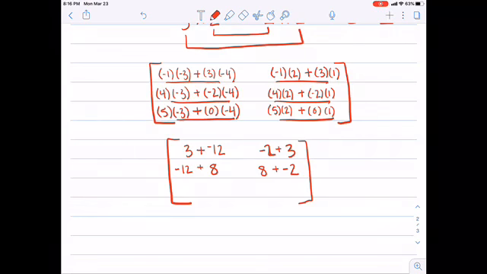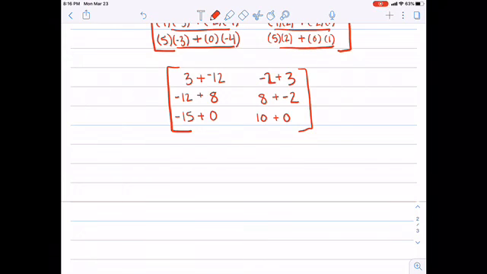My third row, I have 5 times negative 3, which is negative 15, plus 0 times negative 4 is 0. And in my third row and second column, I have 5 times 2, which is 10, plus 0 times 1, which is 0.